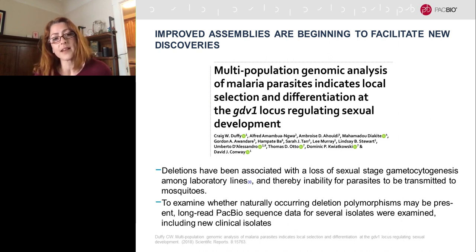So this is one example of an article that I really liked. And this is about how a multi-population genomic analysis shows that there's local selection and differentiation at the GDV1 locus that seems to regulate sexual development and may be under high selective pressure.